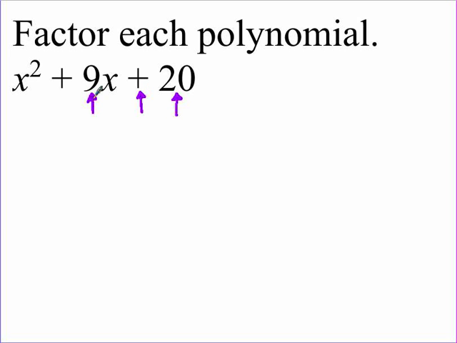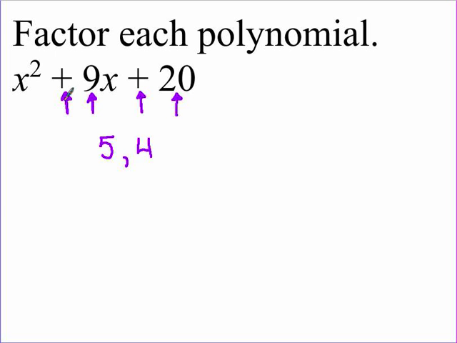So notice how I'm kind of working backwards. 2 factors of 20 that add to 9. So I want you to think about 2 numbers that when I multiply them together, I get 20, but yet then when I add them, I get 9. 5 and 4, good.